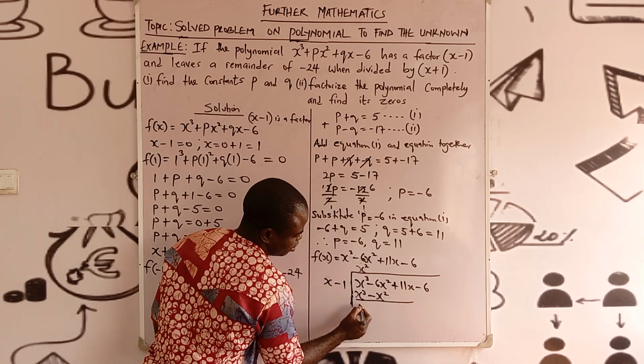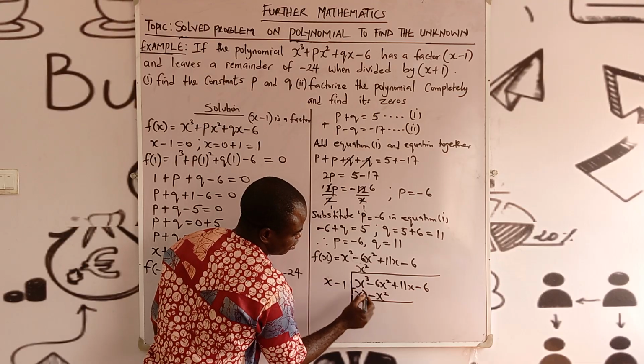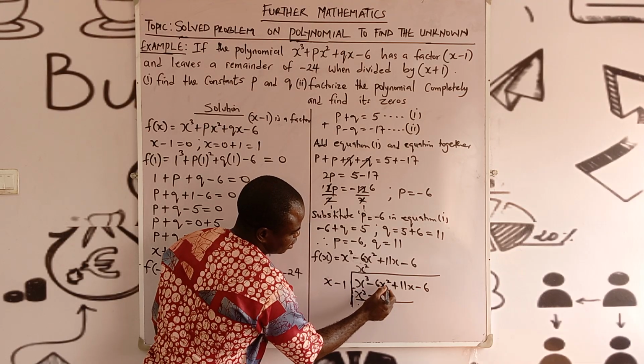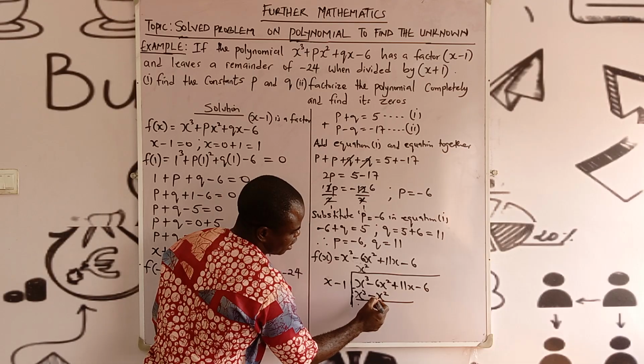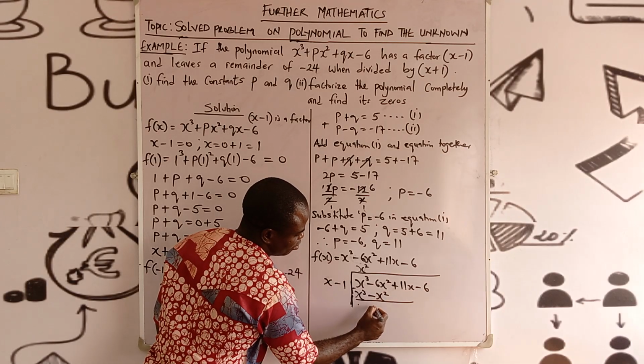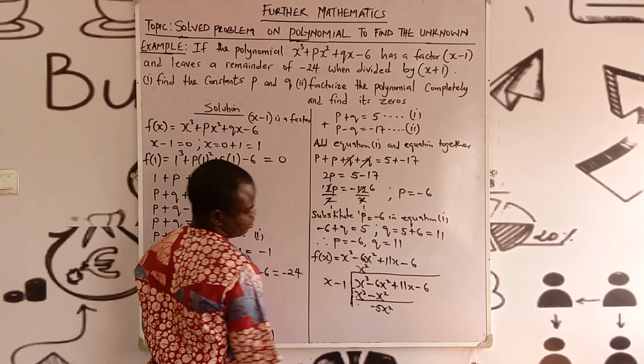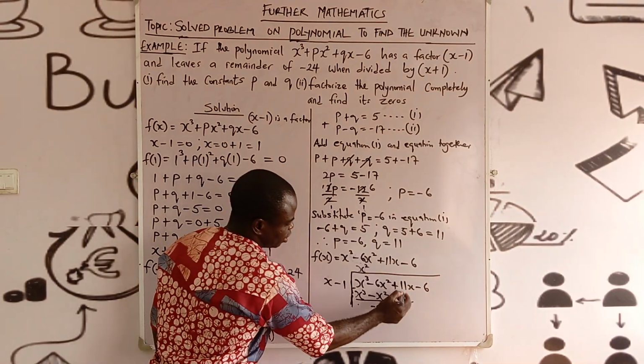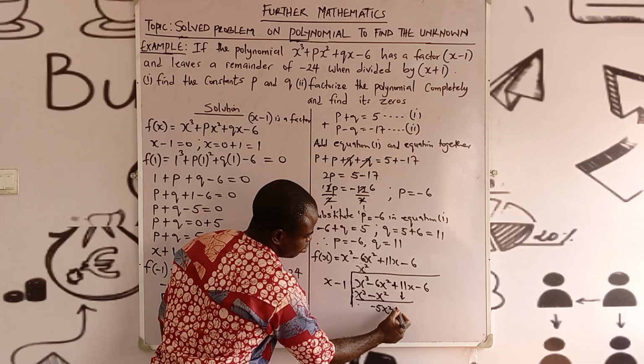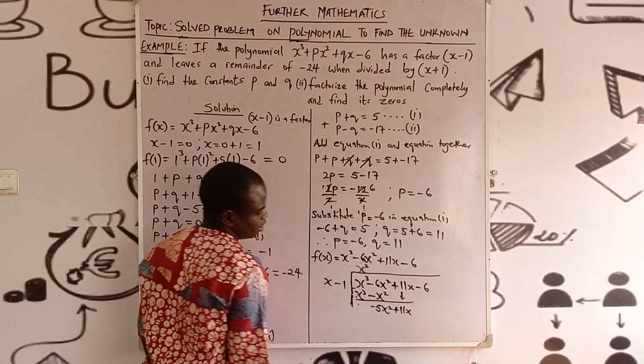When you do subtraction, 0, then minus 6x squared minus x squared is minus 5x squared. Bring this one down, that's plus 11x.